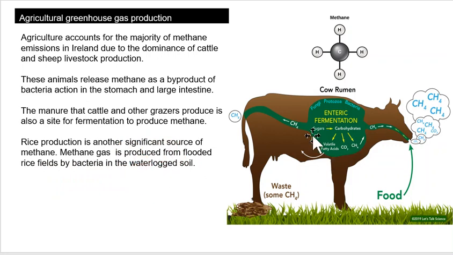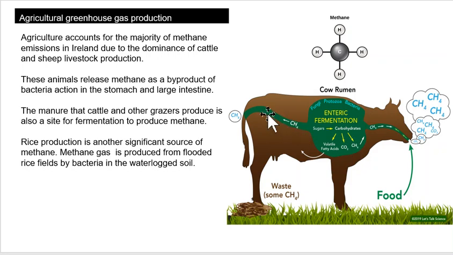If we look at this process here, this is a cow, and it is eating grass, for example, its food, and what happens is in its stomach there's a fermentation process. The fungi and bacteria in the stomach start to break down the grass, and they take sugars or carbohydrates and break them down into carbon dioxide and methane.